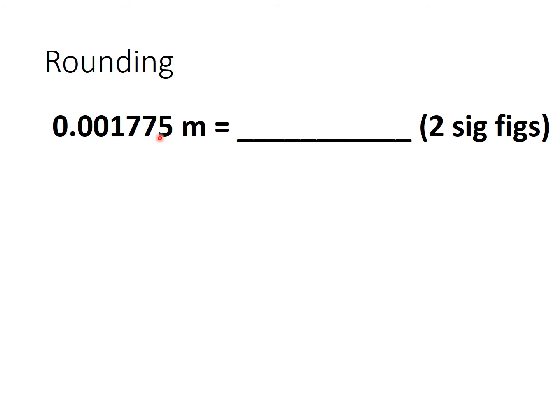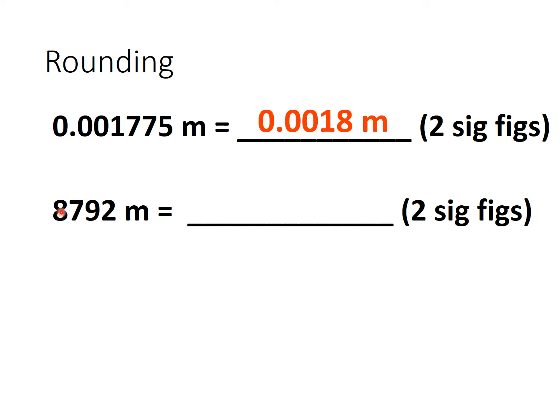So we end up with 0.0018. The 2 significant figures, the 1 and the 7, are rounded up to a 1 and an 8. And remember, we have to preserve these zeros here too, the leading zeros. They put the 1 and the 8 in their proper positions. If we don't have the zeros, we have a completely different number.